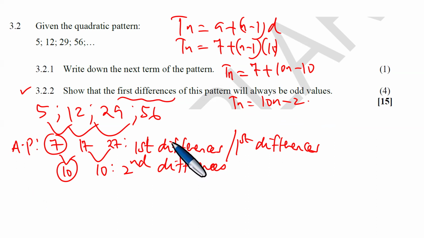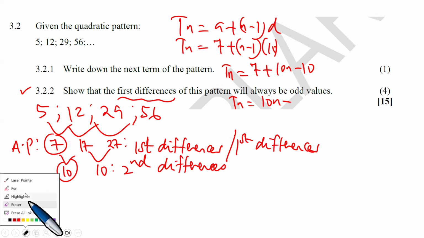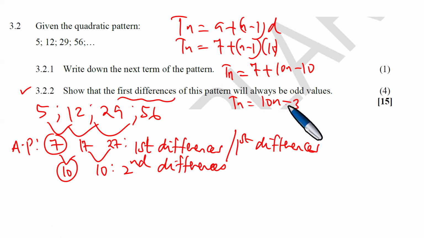No, it is minus 3. Okay, this one, please, it's minus 3. 7 minus 10 is a minus 3. Just take note of that. Okay, so that in the end, then Tn equals 10n minus 3.